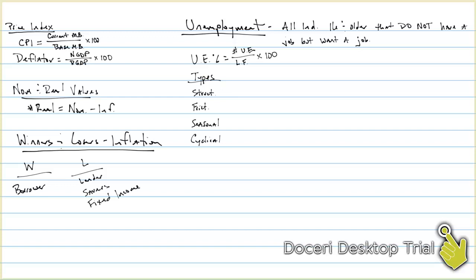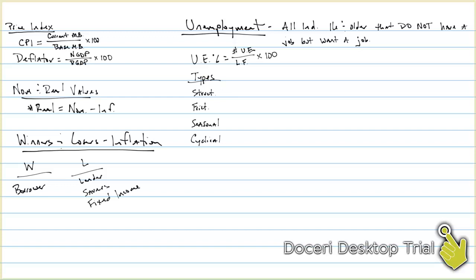Structural unemployment, those that are unemployed because jobs change. A lot of times structural unemployment happens because of technology or education. When technology and education change, certain people aren't qualified or can't do the job anymore. They lose their job. They are structurally unemployed.